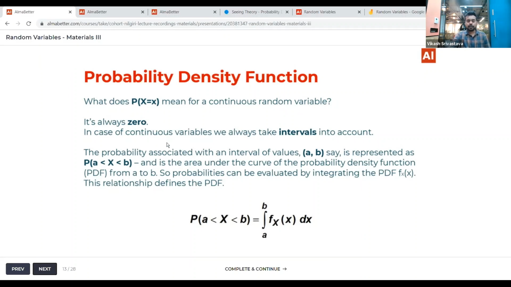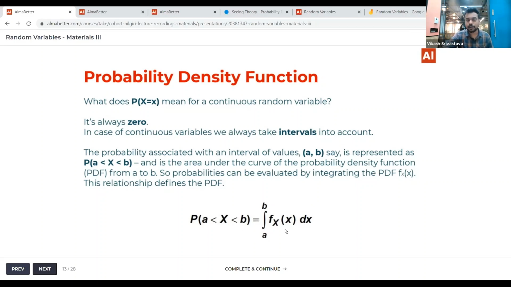Our probability associated with this particular interval, a comma b, is represented by this notation: probability of capital X greater than a and less than b, and this is the area under the curve of the probability density function from a to b. So probabilities can be evaluated by integrating this PDF, small f of x, and this is how we denote it in mathematical notation.